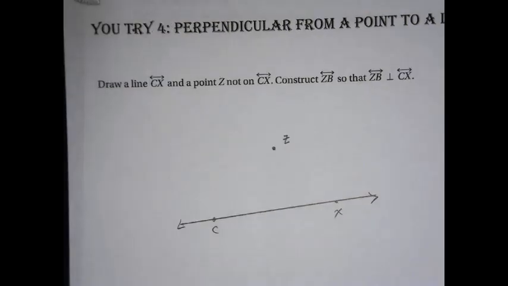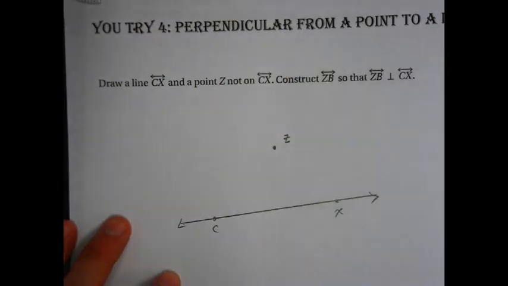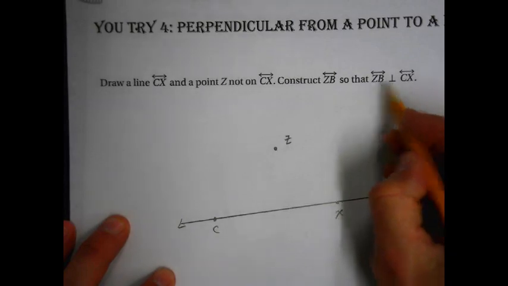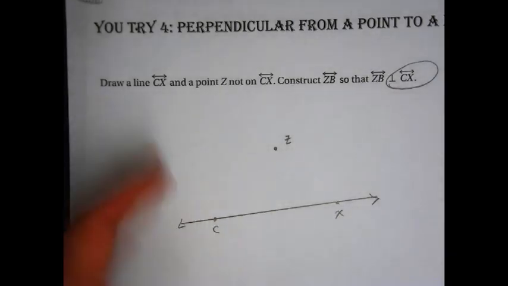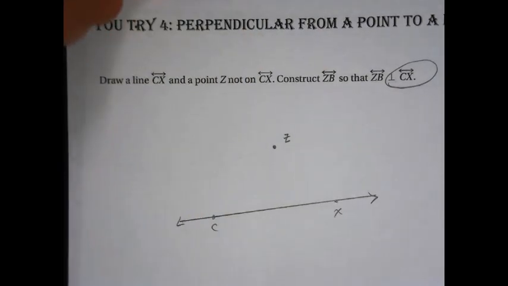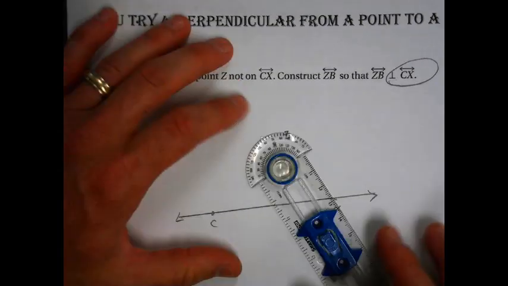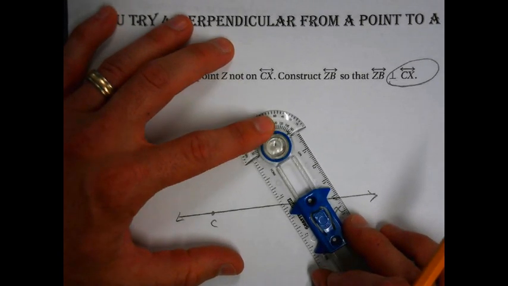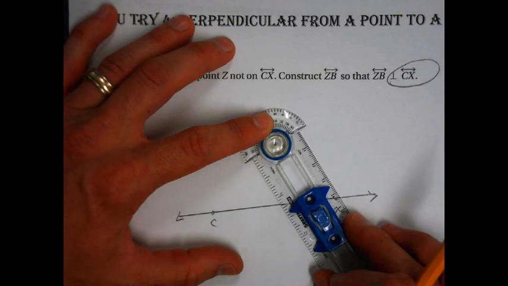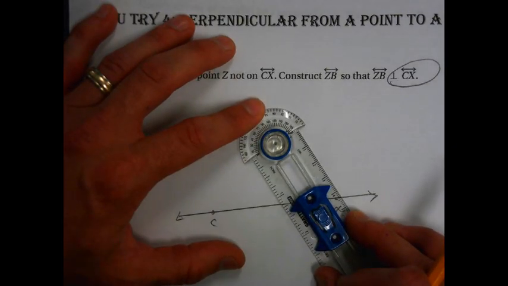And then it'll say, construct ZB, right? So now we need a B somewhere, so that ZB is perpendicular to CX. And so we're going to have to drop that perpendicular on the given line. How do we do that? Again, very similar to segment bisector. But the original point we're supposed to make on segment bisector is already there.